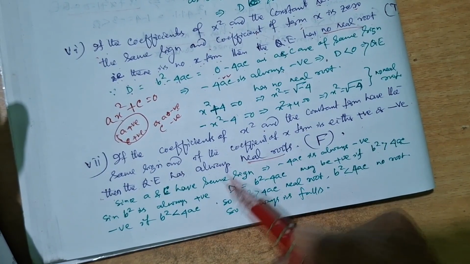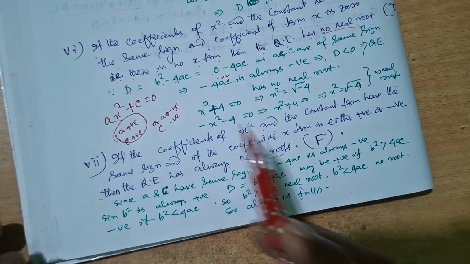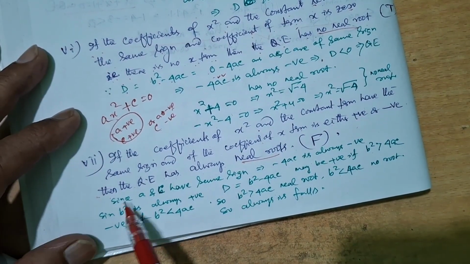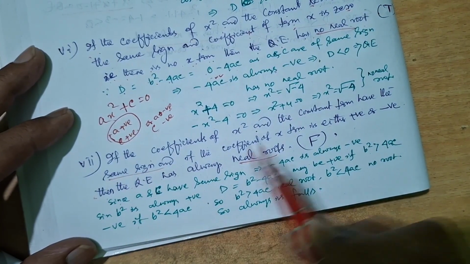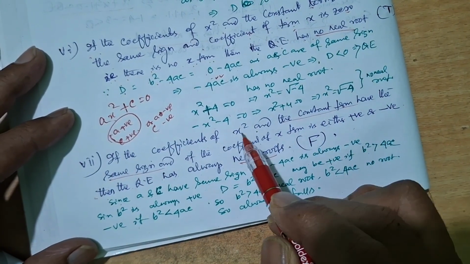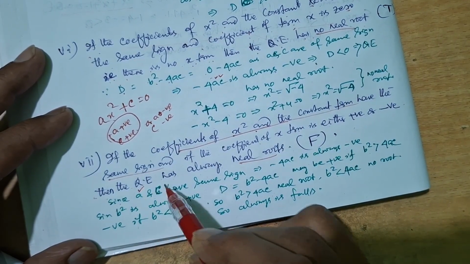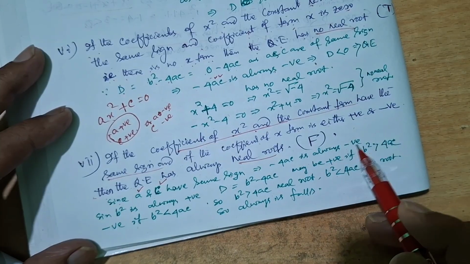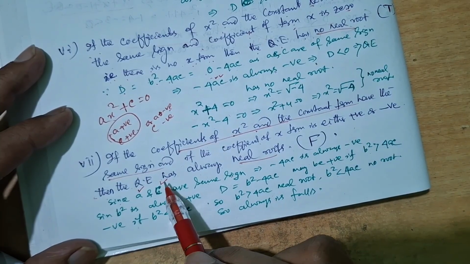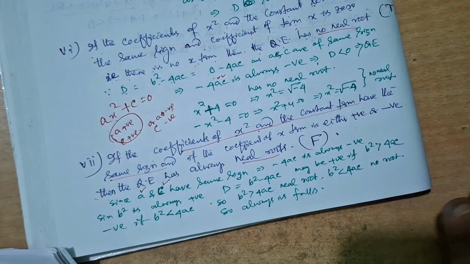Let us clarify with an example, based on x square plus bx plus c. Since a and c have the same sign, the coefficient of x square and the constant term have the same sign, this implies that 4ac is always positive, because same sign means either both positive or both negative.